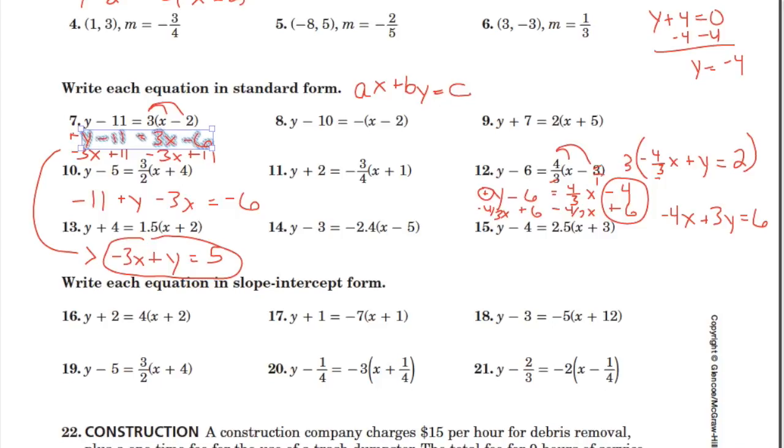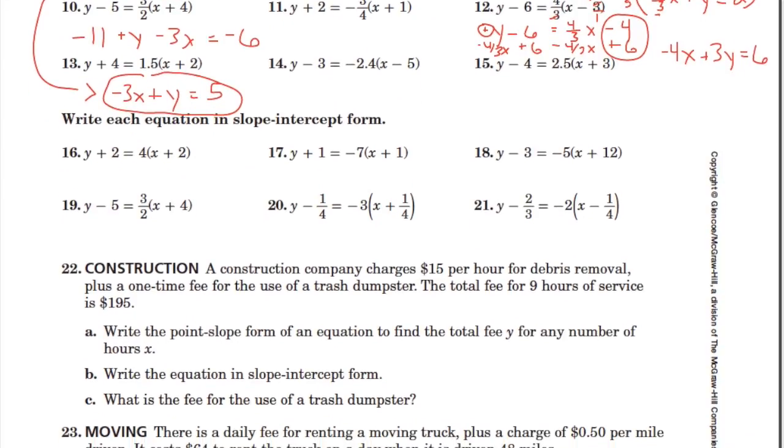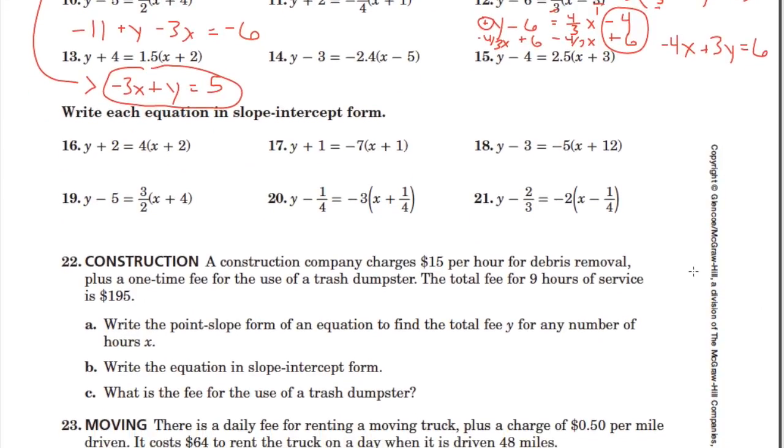And then finally at the bottom here we have 16 through 21, again written in point slope form, but we're going to write it in slope intercept form, which is y equals mx plus b. Okay, so for number 18, negative 5 times x and negative 5 times 12 are still going to start the same way.